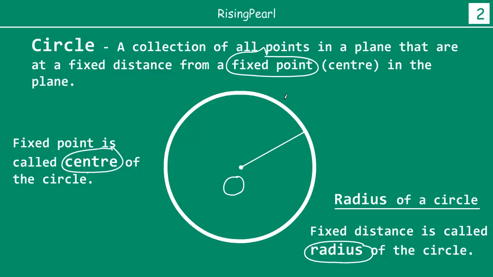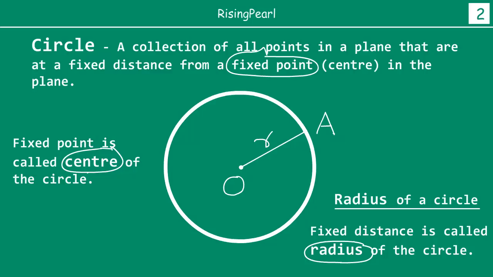Meaning if I randomly take any point in the circle and if I join that point with the center, so if I take a point A on the circle, A is any point on the circle, and if I join the center O and A, this length is the radius. We often represent this by lowercase r, which is the radius of a circle.